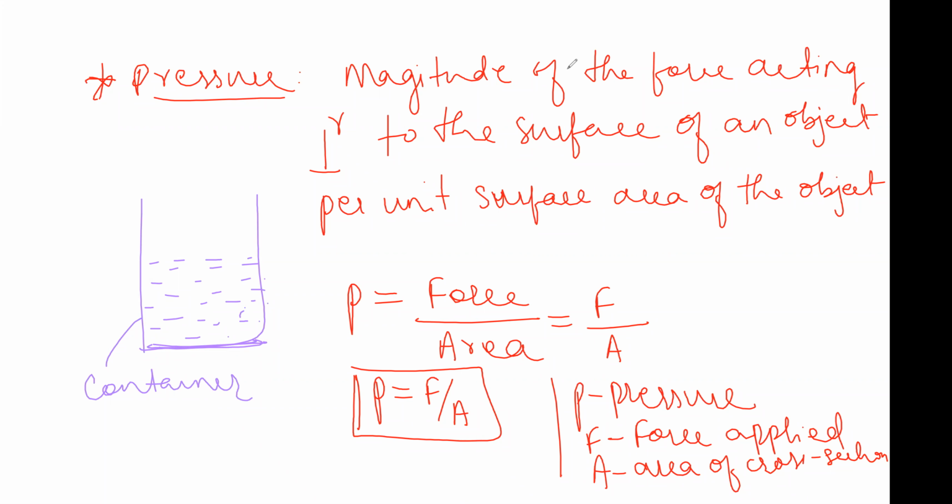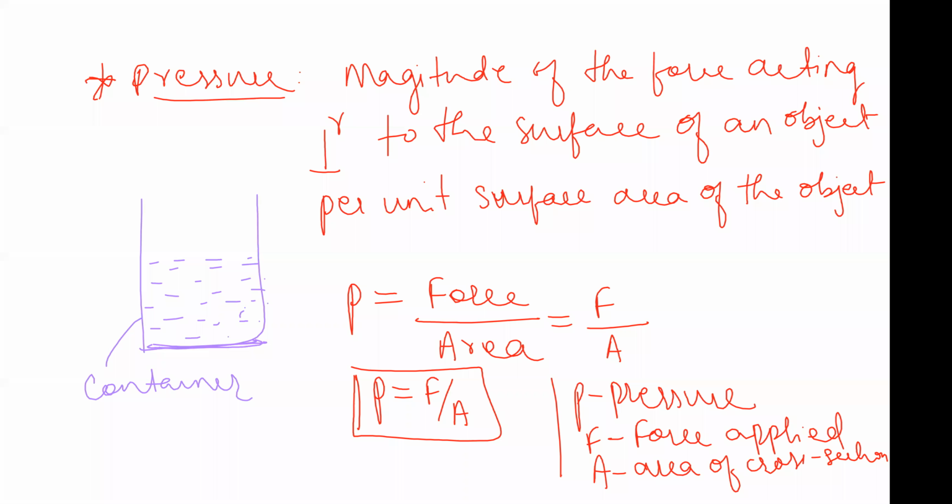Water exerts a force on the surface of the container, and we call that pressure, because the state of matter is liquid. So here water exerts a force on the container, which we call pressure.